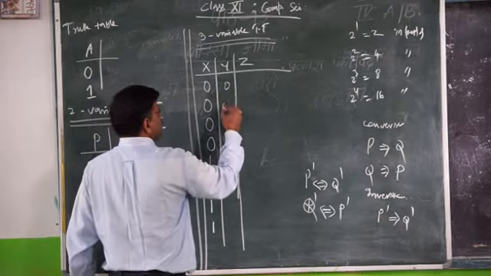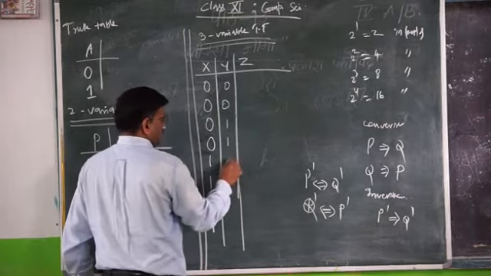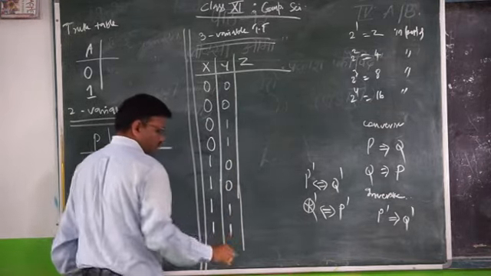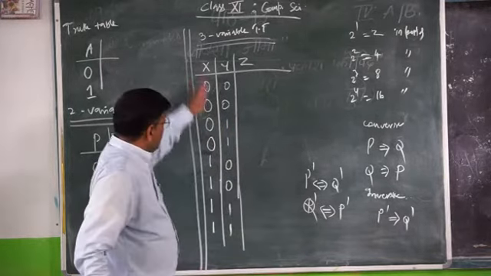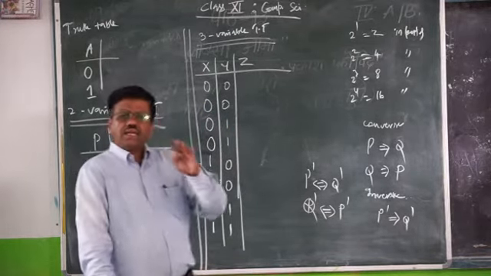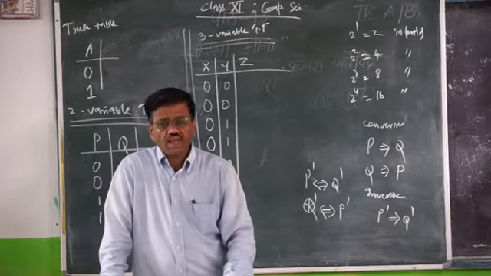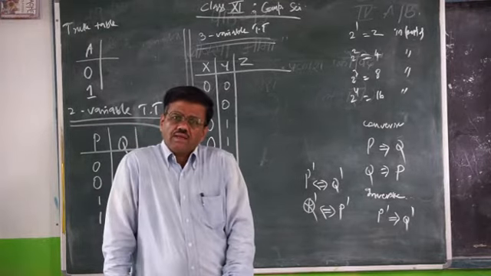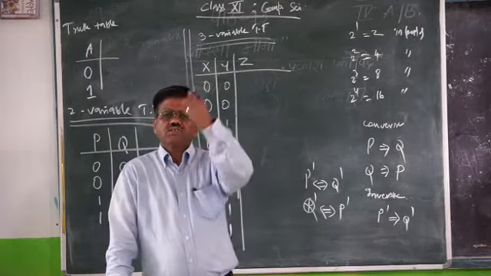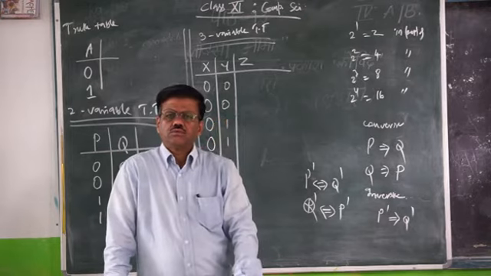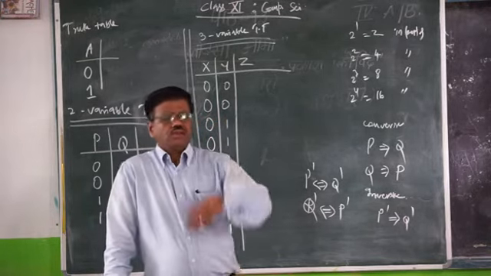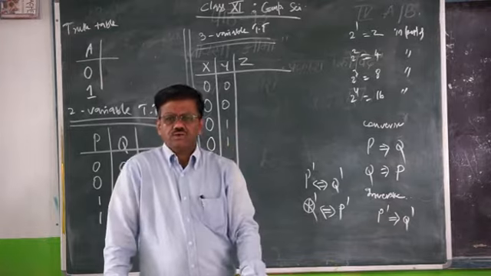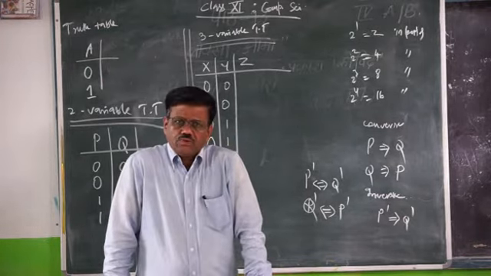So 0 0, 1 1. Mind you, boys and girls, in every variable there have to be exactly 8 inputs. If it is less than 8 or more than 8, your truth table is utterly wrong. That's the reason I am teaching only the inputs. The rest I will teach you in due course of time.